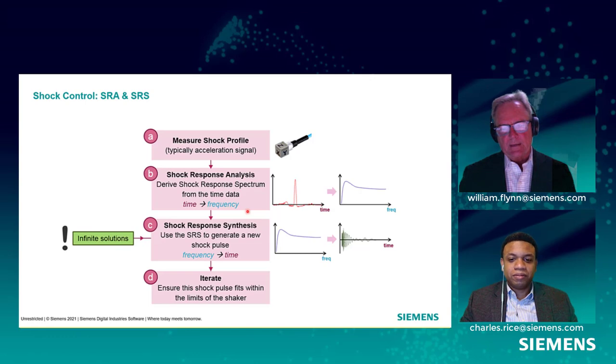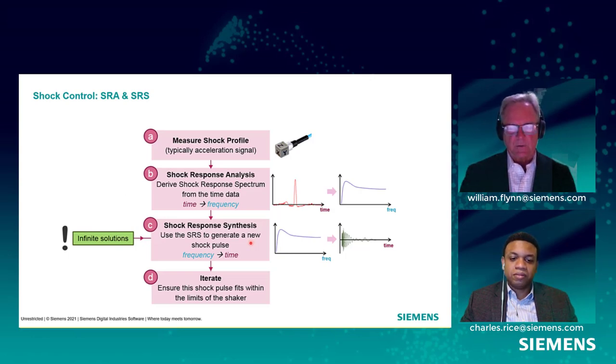So once we have that SRS, and these SRSs can come from different sources too, like a mill standard, a so-called cookbook type of SRS that you want to apply. I can generate a time pulse, but there's an infinite number of solutions. As I'll show later, there's a lot of different ways of defining those individual single degree of freedom systems, as far as damping, as far as time offset, as far as period.